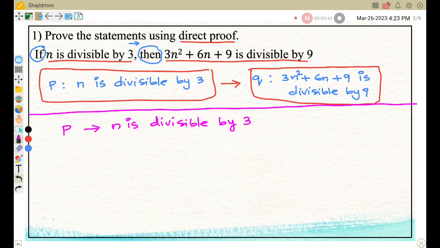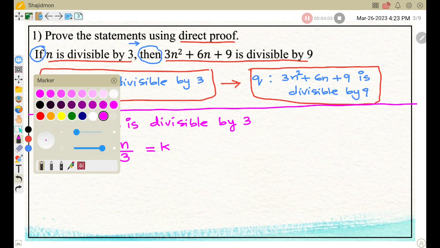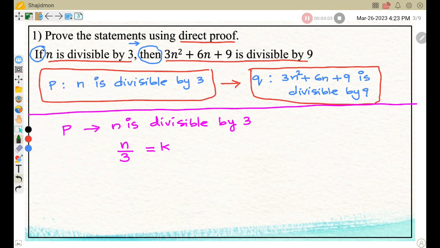N is divisible by 3, what is the meaning? N divided by 3 should be an integer. If you divide n by 3, you will get an integer. That is the meaning of n divisible by 3. So n by 3 will be an integer, and k means an integer.